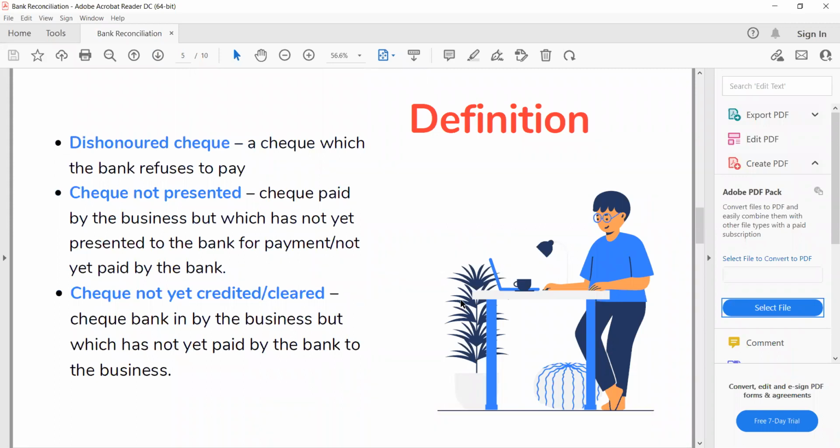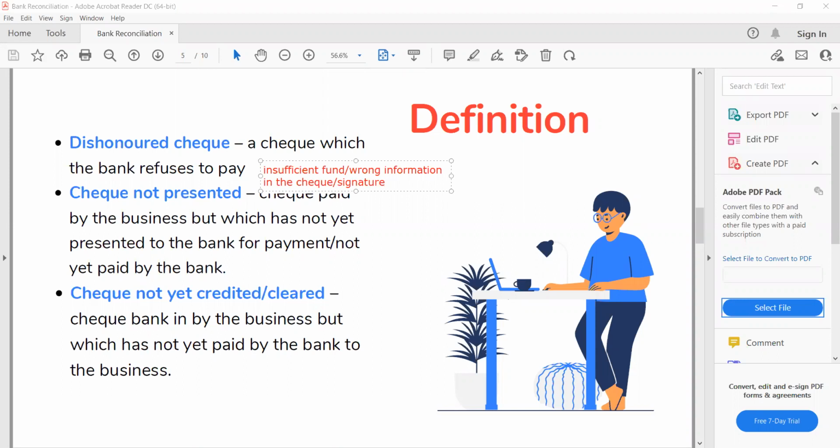Dishonored cheque: a cheque that the bank refused to pay. There are many reasons that could cause a dishonored cheque. One of the possible reasons is insufficient funds in the bank account, or maybe there is some wrong information on the cheque issued, or sometimes the signature was forgotten.